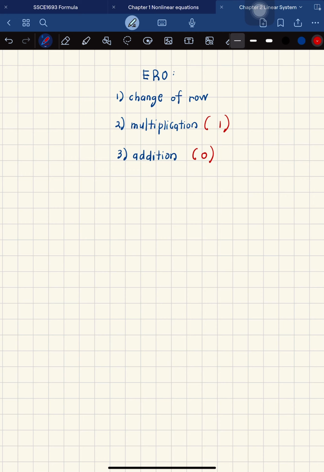For the addition formula, K is a constant, multiplied by the leading-one row, added to the affected row. This is just a flashback of what you have learned before.